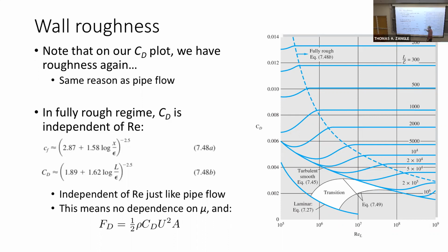Okay, so you still have to check Reynolds number to know where you are, right? Are you laminar or turbulent or transitional? But once you know you're turbulent, we can see that this regime of coefficient of drag depending on Reynolds number is actually not that huge. And so generally, once we're turbulent, we're going to say coefficient of drag is one value.